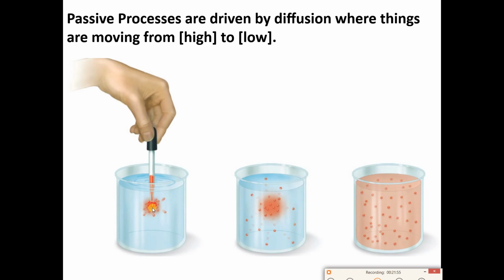And so the molecules, because they're always moving, start to spread out. We still have an area of high concentration here, and we've got some of the dye spread out, but still low concentration here. And diffusion keeps happening until there is no more concentration difference.